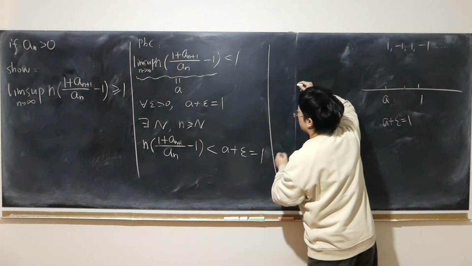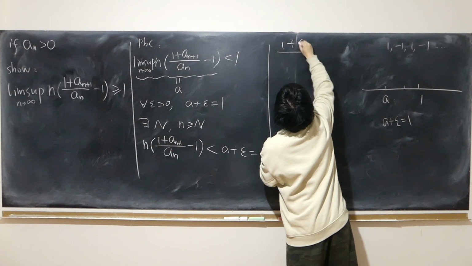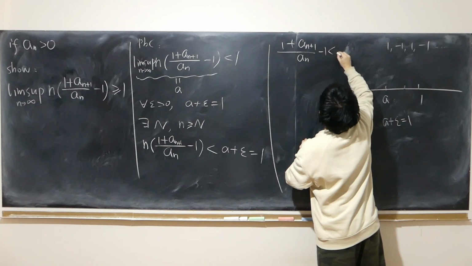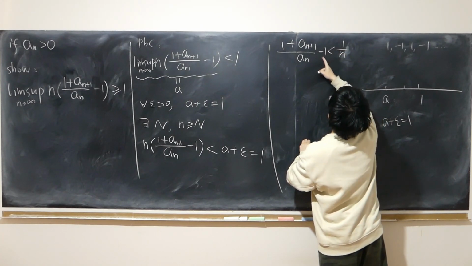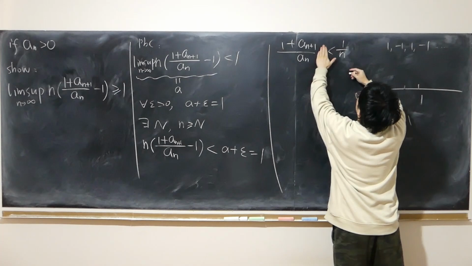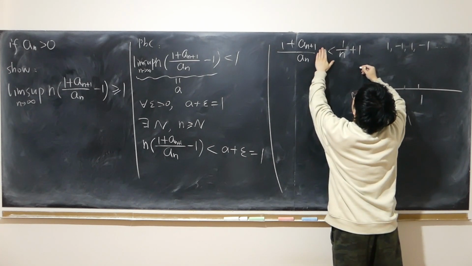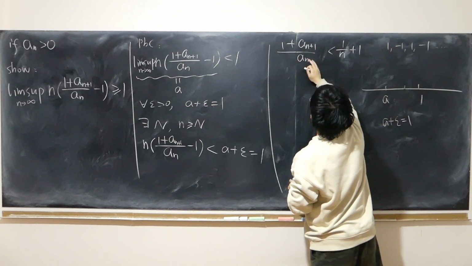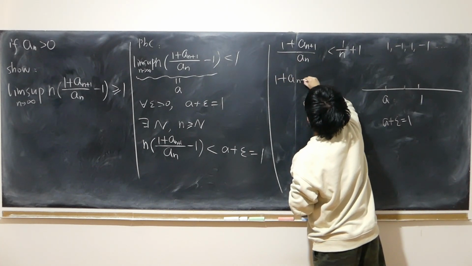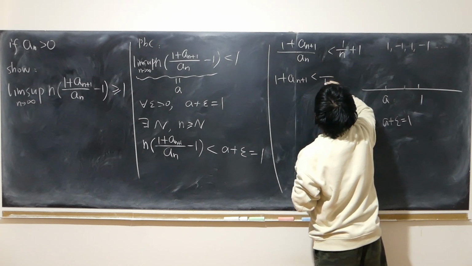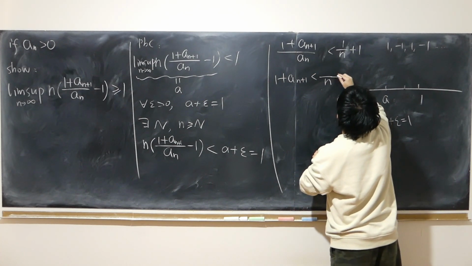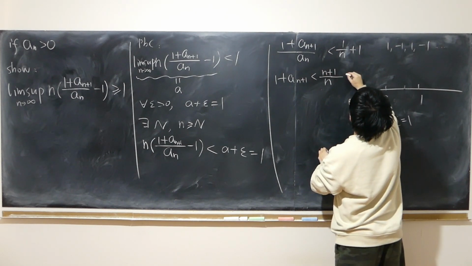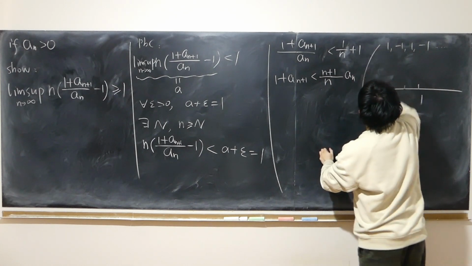Divide by n, we have (1 + a_{n+1})/a_n − 1 less than 1 over n. So plus 1 on both sides. Okay, we immediately multiply by a_n, and this is n plus 1, multiplied by n.